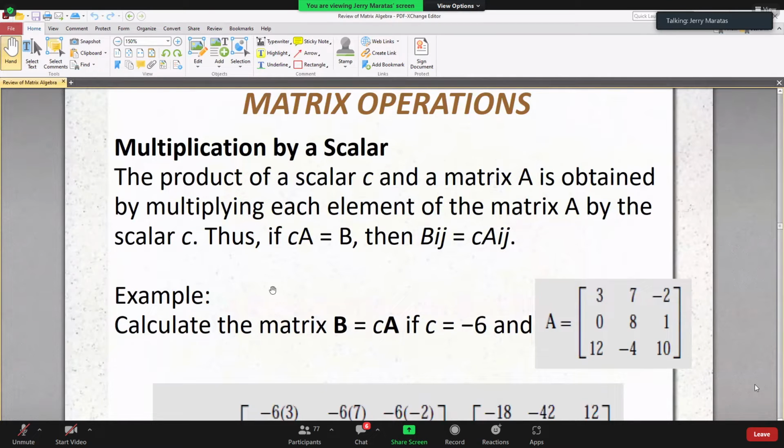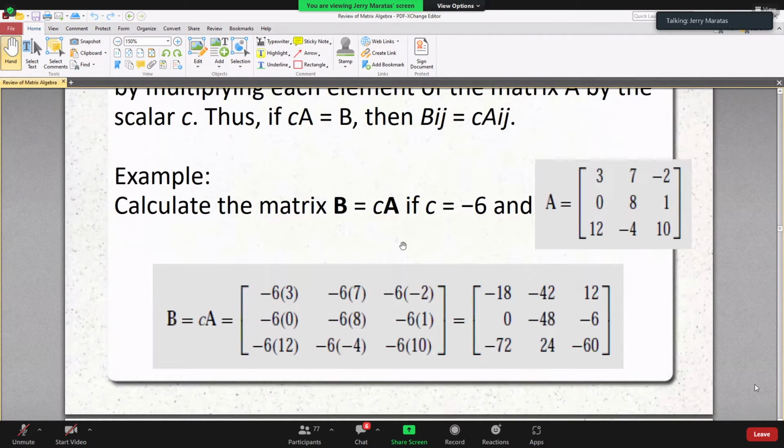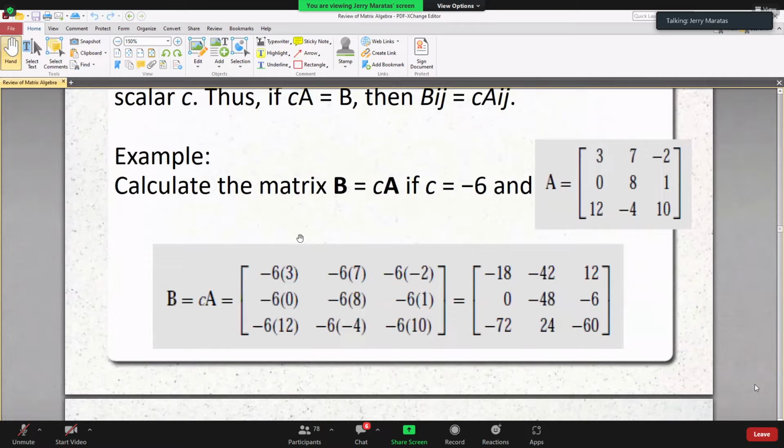The product of scalar value C and matrix A is obtained by simply multiplying each element of matrix A by the constant C. So if we multiply this scalar value C to matrix A, and let's say the result is B, then you simply multiply each element of matrix A by the constant or the scalar value of C. Let's put that in an example.